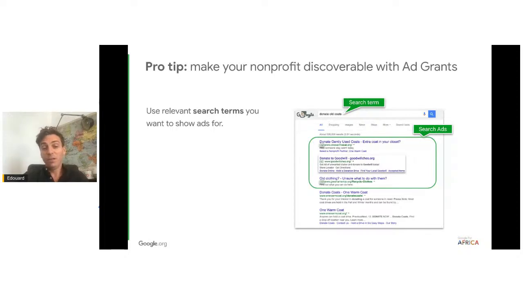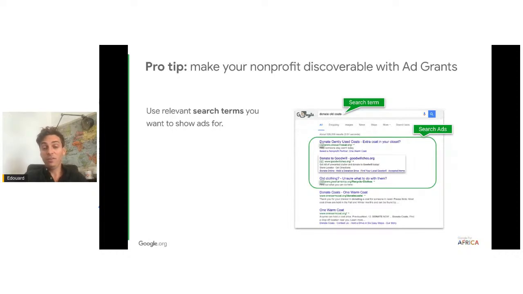So the beauty of these ads is that they're really super relevant to what someone is searching for, and so they are really effective. Usually companies pay for them, but ad grants was created to give this resource for free to nonprofits.